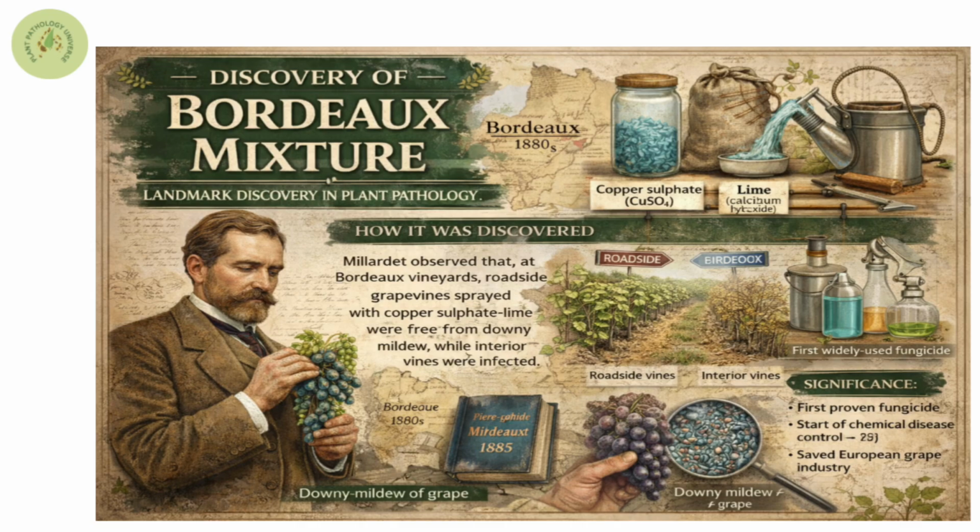And what Millardet observed was that the outer vines, which had those compounds, were free from the disease. However, the inner vines, which did not have that compound, were infected with downy mildew disease.